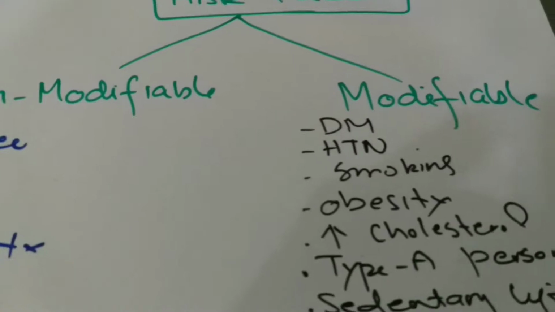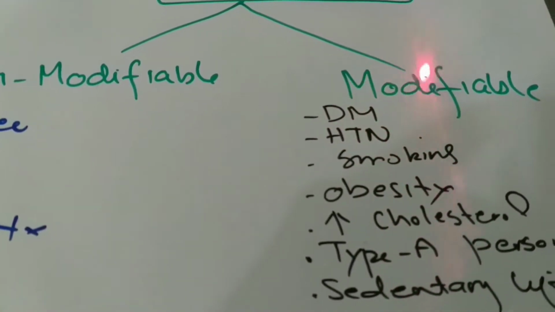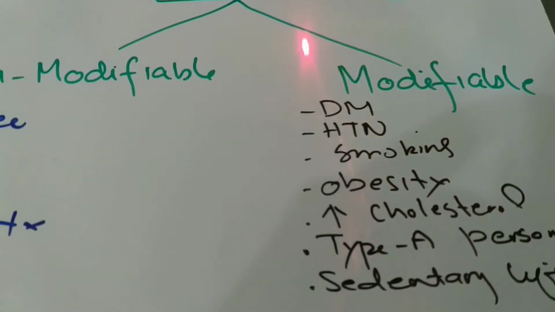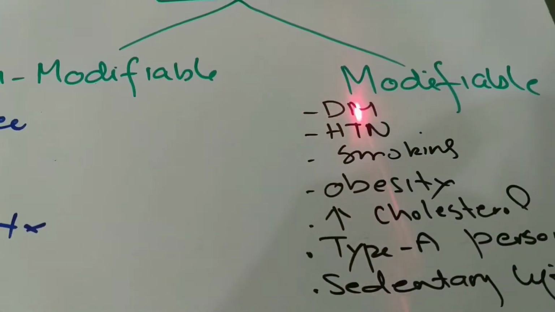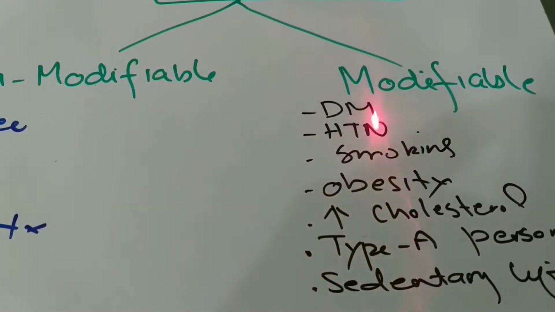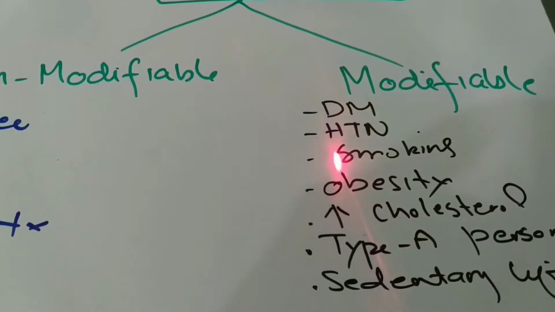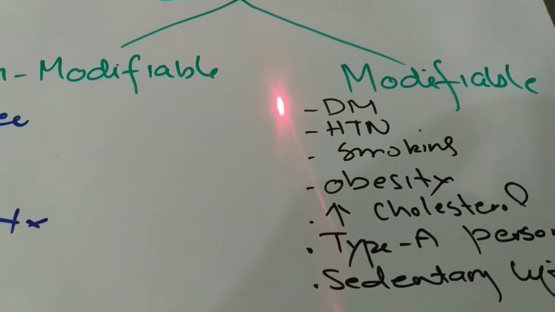The modifiable risk factors are the ones which can actually be changed with effort. For example, a patient can have better control of the diabetes. If a patient is having these risk factors, then the patient has higher chances of developing acute coronary syndrome or heart problem or atherosclerosis in the coronary arteries.